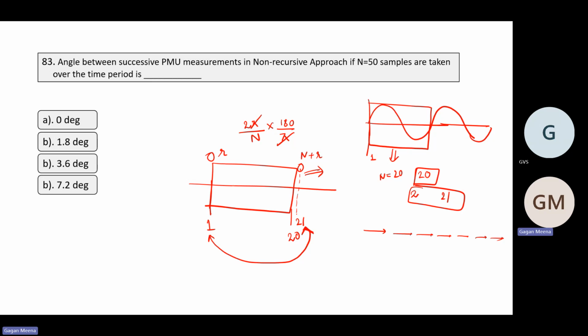Because over n samples it is 360 degrees, n plus r minus r will always be 360 degrees. And theta plus 360 degrees is theta.